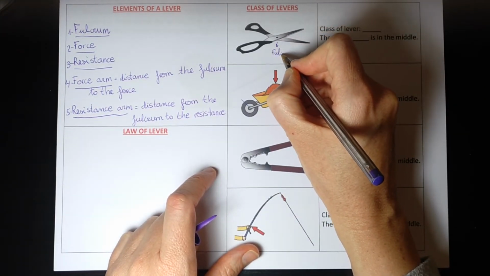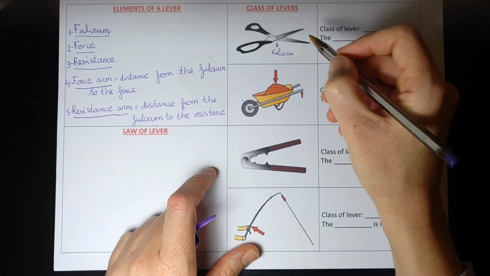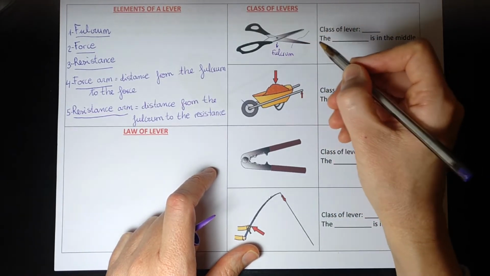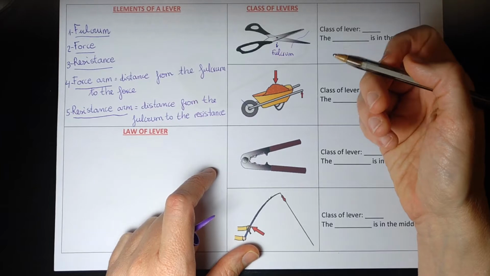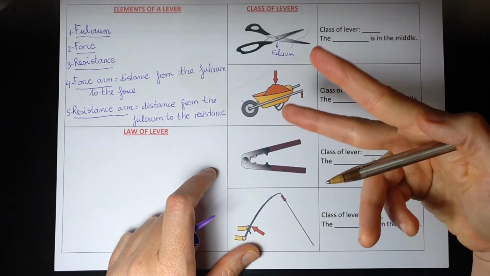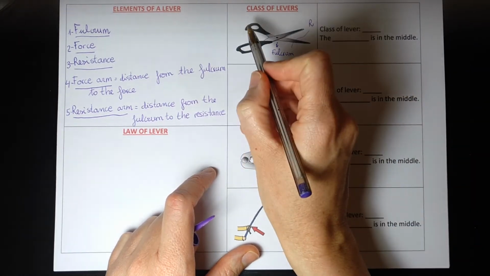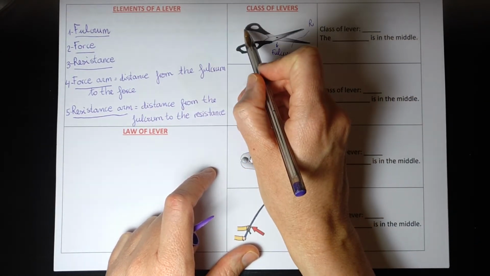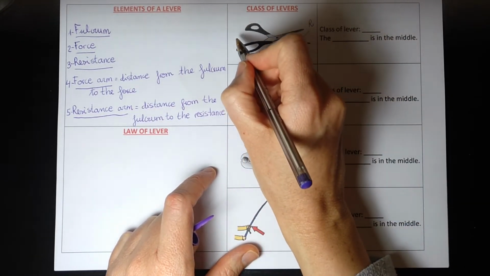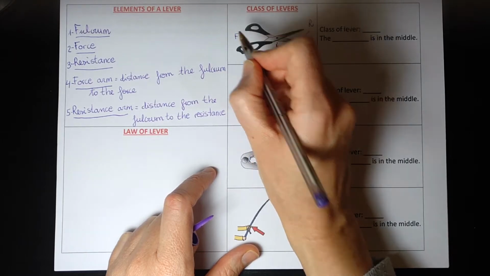Okay? Here could be the piece of paper or the object that we want to cut. So this is the resistance. We are going to make the effort, the force, here in the handle. So here we have the force.